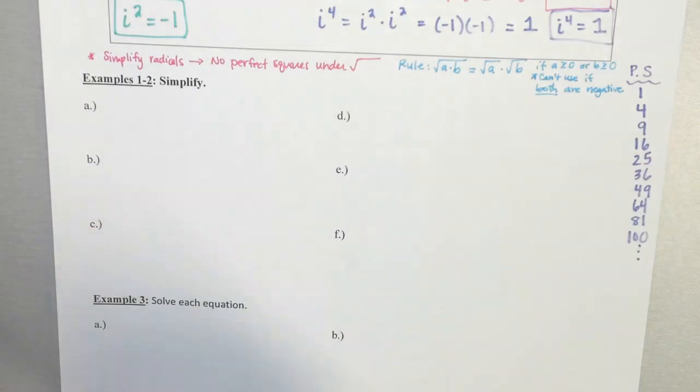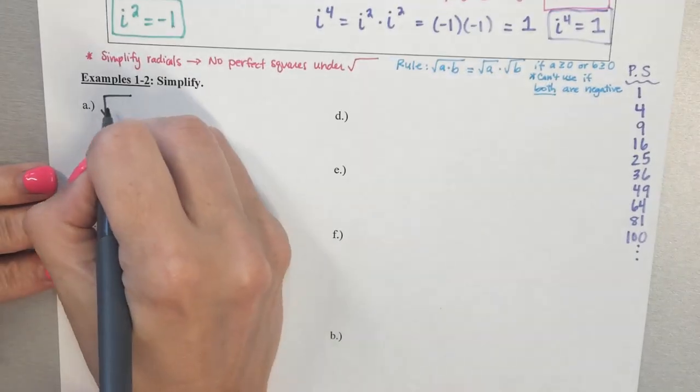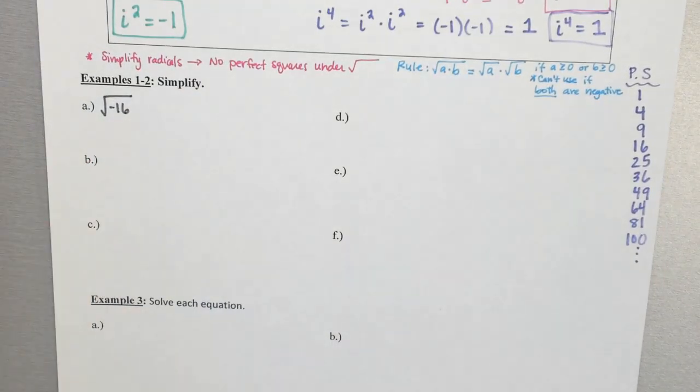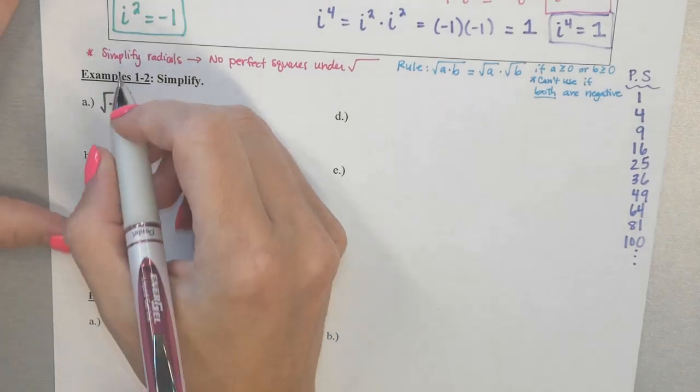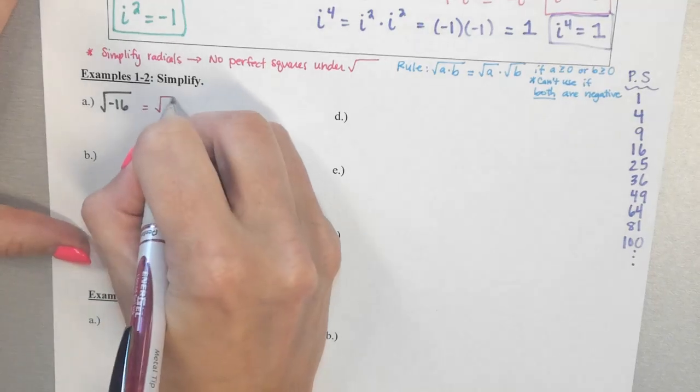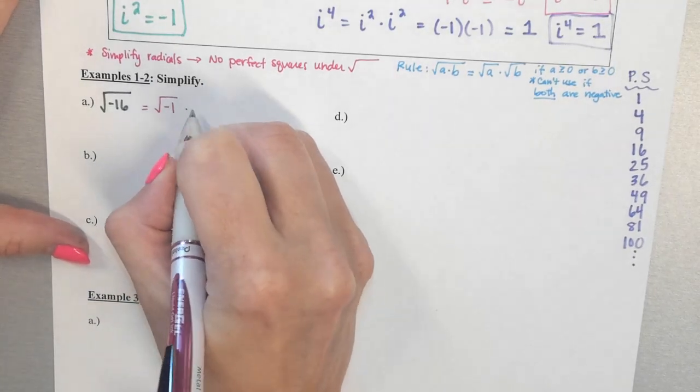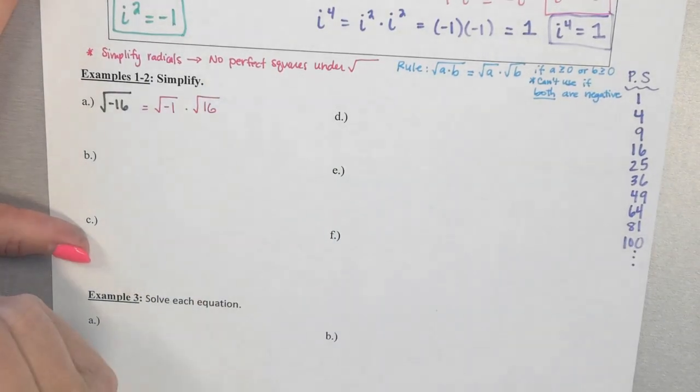So for part A, we're going to simplify the square root of -16. If you just had the square root of 16, we would know that is 4. Simplifying this is the same as the square root of -1 times the square root of 16.